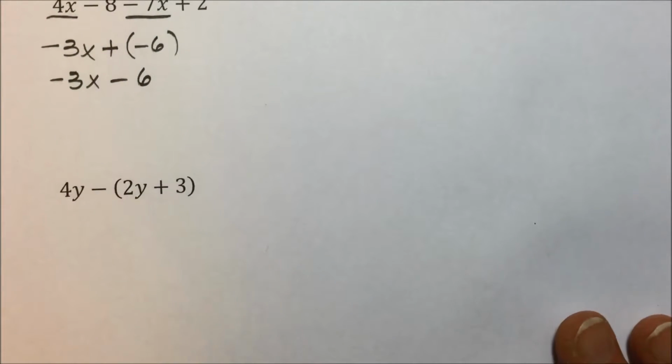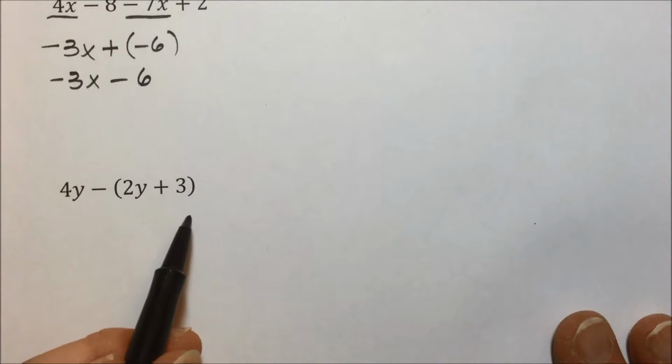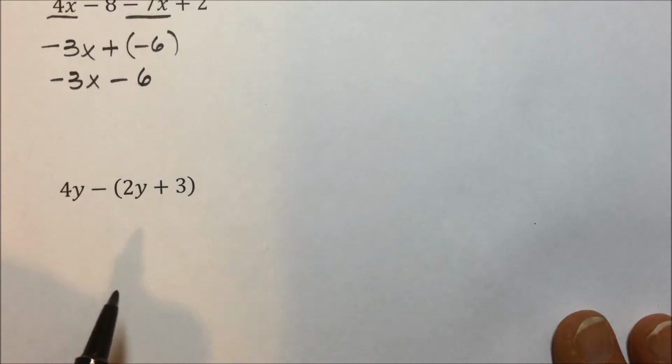In this next example, we have a minus in front of this. This is the product of a number, and negative 1 is its opposite or additive inverse.